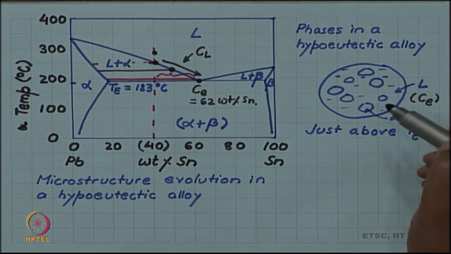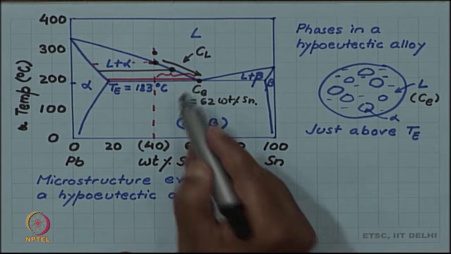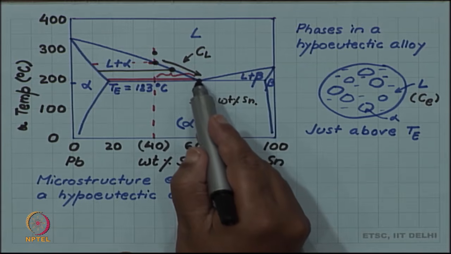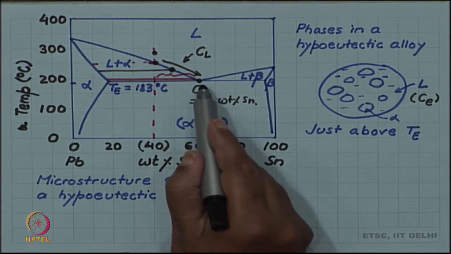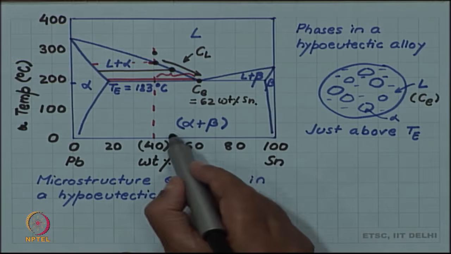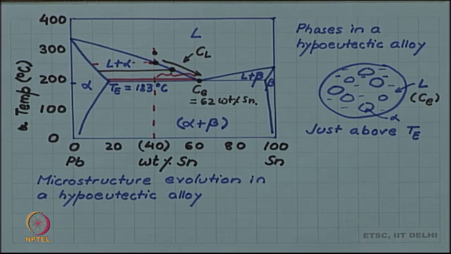So, on cooling, this liquid will undergo the eutectic reaction which we have discussed: a liquid of eutectic composition, if it is cooled at the eutectic temperature, will transform into a mixture of alpha and beta.